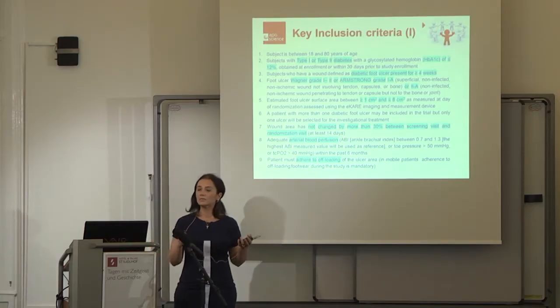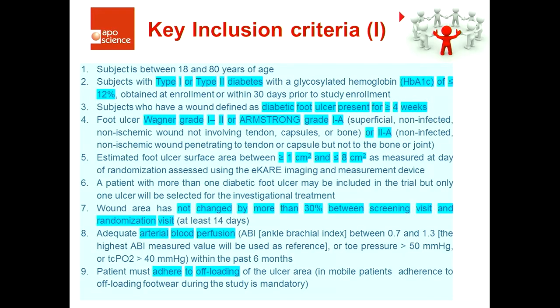At screening it might be 1 square centimeter, and I give them a 14-day follow-up period. If the wound has been reduced to less than 1 square centimeter, they are not allowed for randomization. There is a possibility that a patient has several wounds on their foot. So what we take is the largest wound, as long as it still fits into these inclusion criteria, as the index wound.